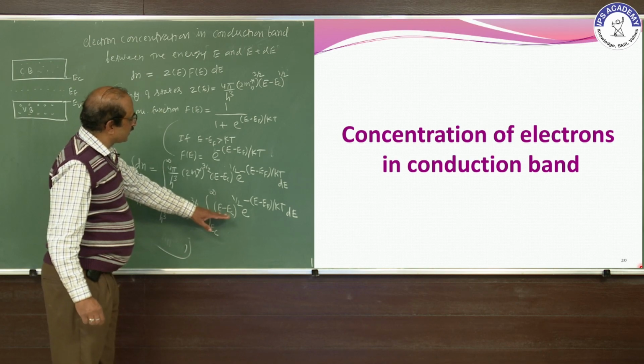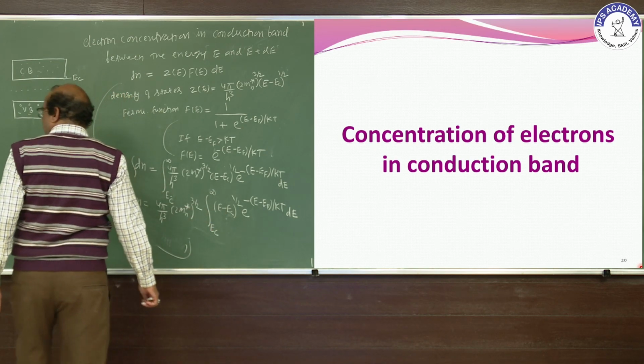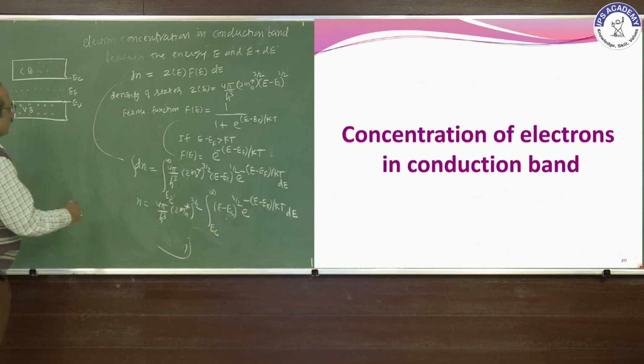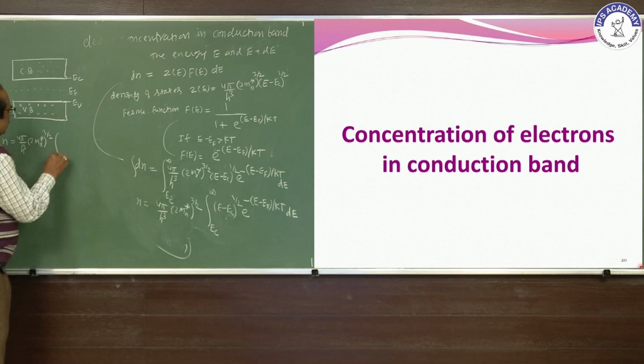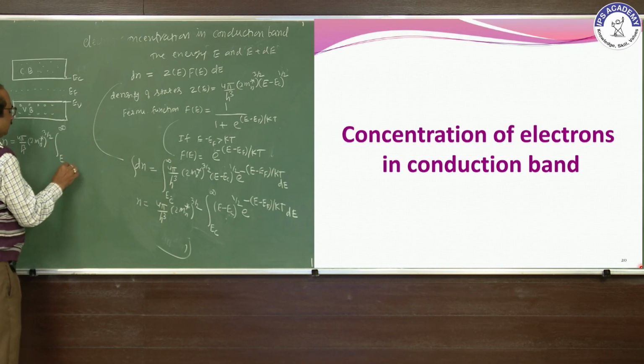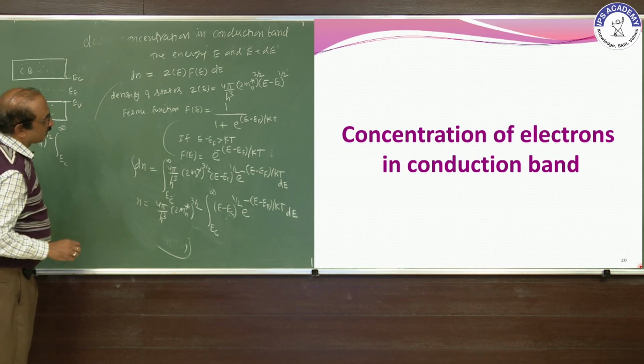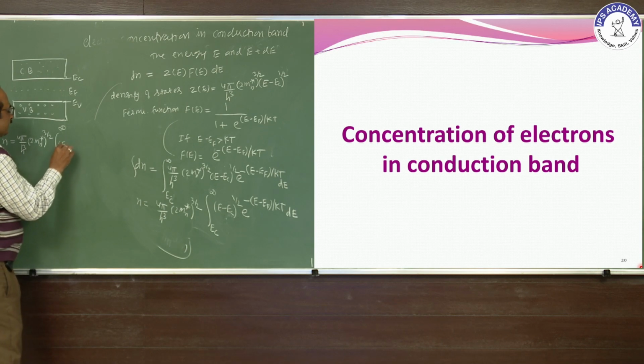Now we have to solve this integral. So we can rearrange this equation. Let's write this here: n equal to 4 pi upon h cube, 2 mn star to the power 3 by 2, integral Ec to infinity, (E minus Ec).